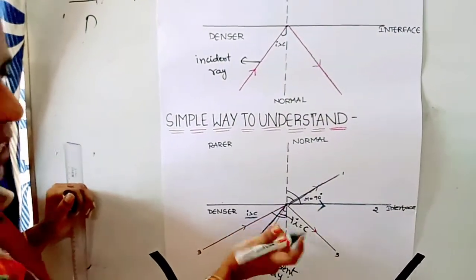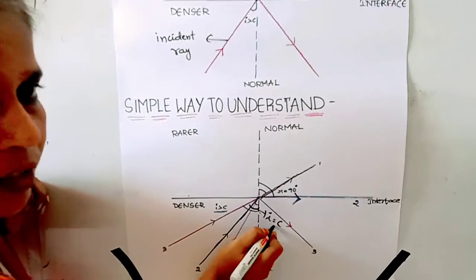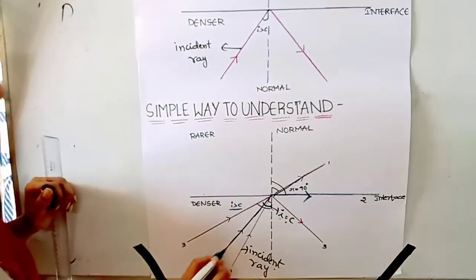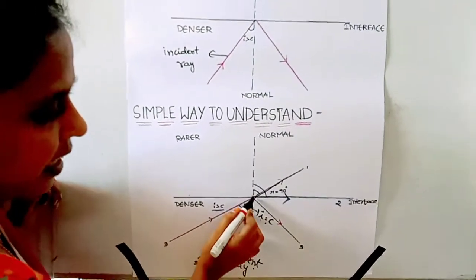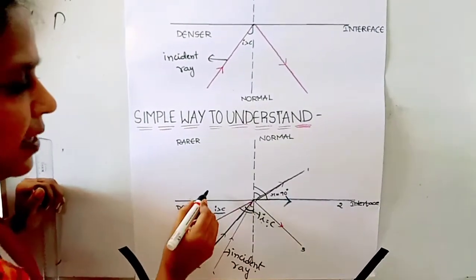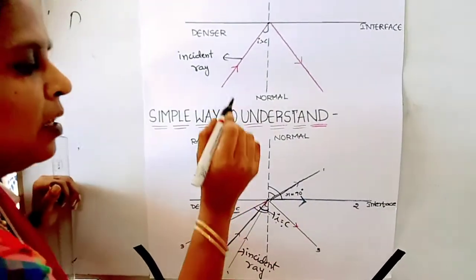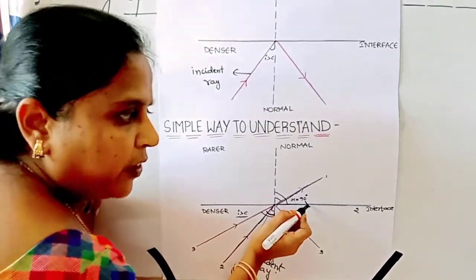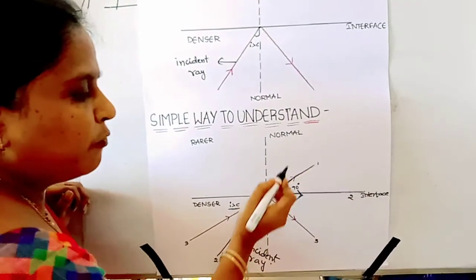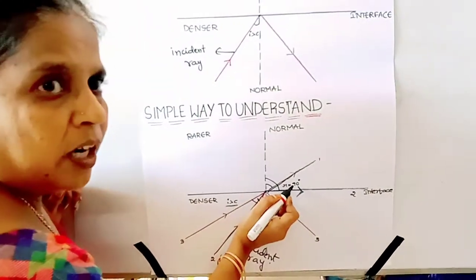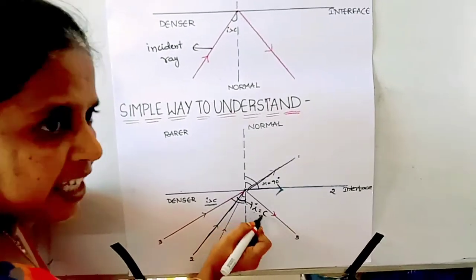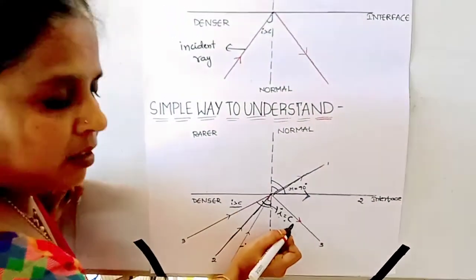So for the second ray, I is equal to C. That means this is the critical angle. The second ray travels from the denser medium to the rarer medium, then the refracted ray coincides with the interface, and the refracted angle R is equal to 90 degrees. So here the angle of incidence is equal to the critical angle.